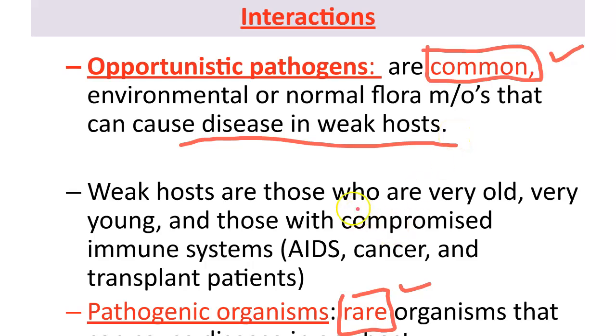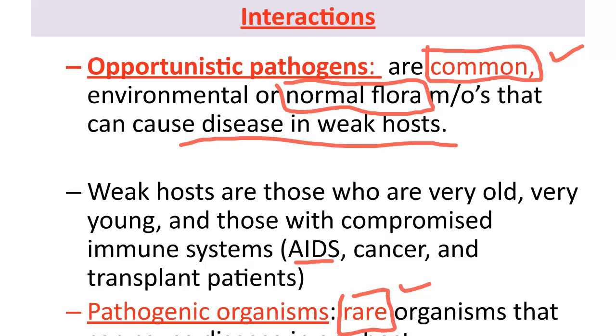Keep in mind that weak hosts are those individuals who are very old or very young, or they are immunocompromised due to cancer treatment, transplants, or some type of immune disease like AIDS. Also keep in mind that all normal flora are considered opportunistic pathogens.